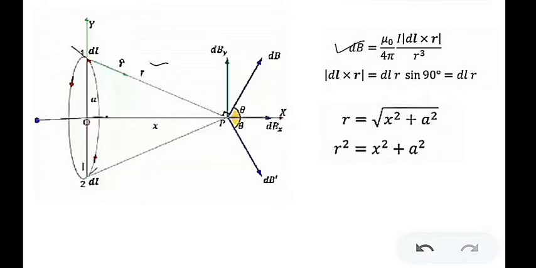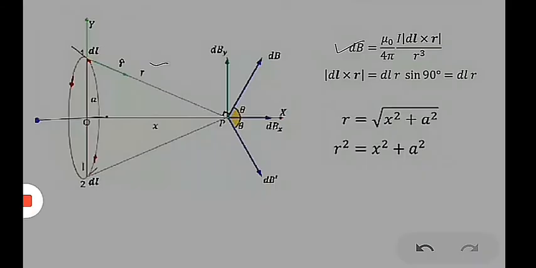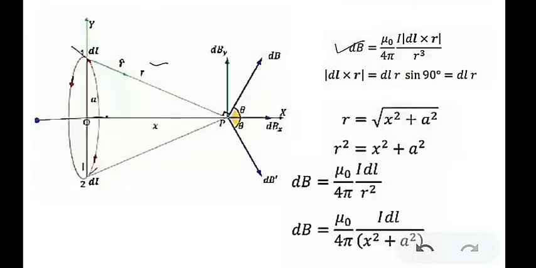So from this formula we will get dl into r divided by r cube, so the net value dB equal to mu naught upon 4 pi I dl upon r square. Now we put the value of r square here: mu naught upon 4 pi I dl upon x square plus a square.